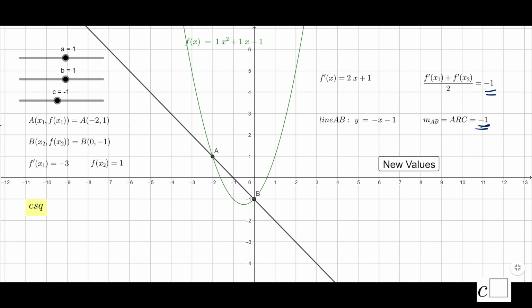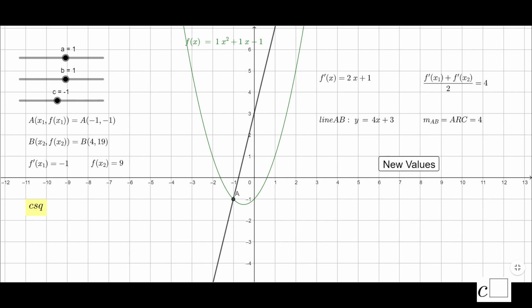You can change your quadratic and play with this app. Hopefully it's going to work. I didn't test it too much. I have another screenshot, and this one you notice it's not very visible, but if you change the a, b and c, you can get different quadratics, and also by clicking new values you get different points on the quadratics.